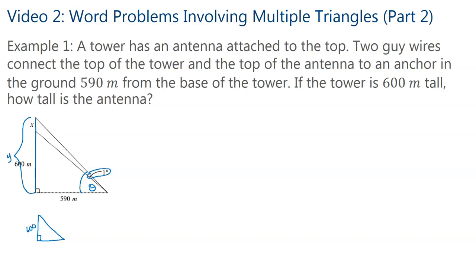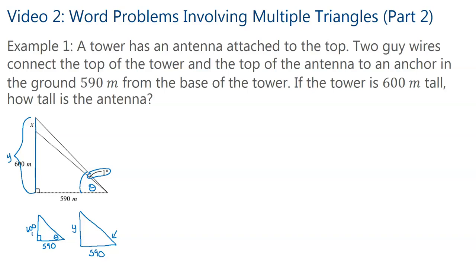This is 600 and this is 590, and this is theta. And then you can draw the larger triangle. I labeled this side y, and this is 590, and this angle here is what we're looking for.